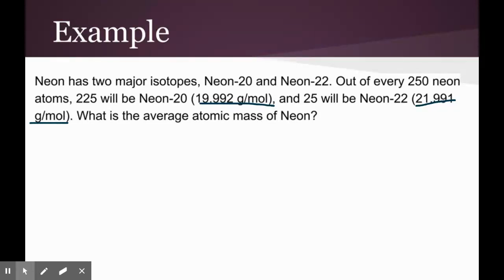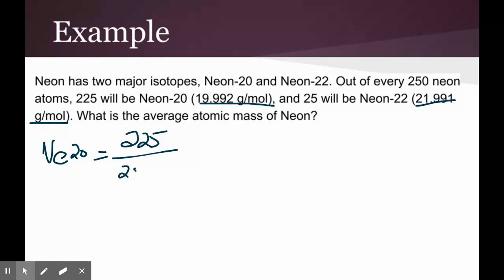For neon 20, it says that 225 atoms out of every 250 will be neon 20. When you divide that, you get 0.9, which is your abundance for neon 20.